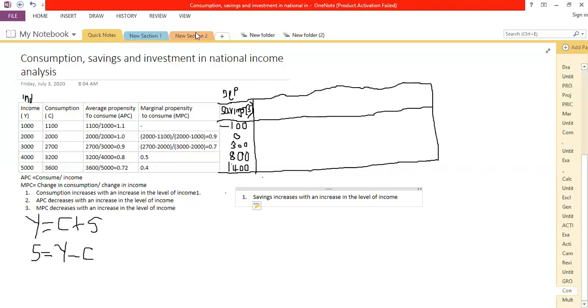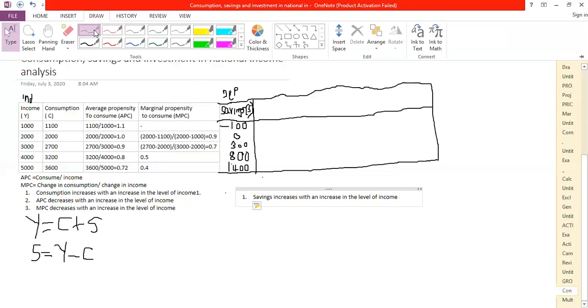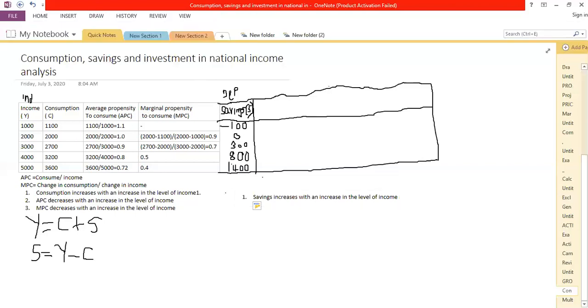Okay, let's go ahead and determine what we call the average propensity to save. Average propensity to save, I'll abbreviate it as the APS.